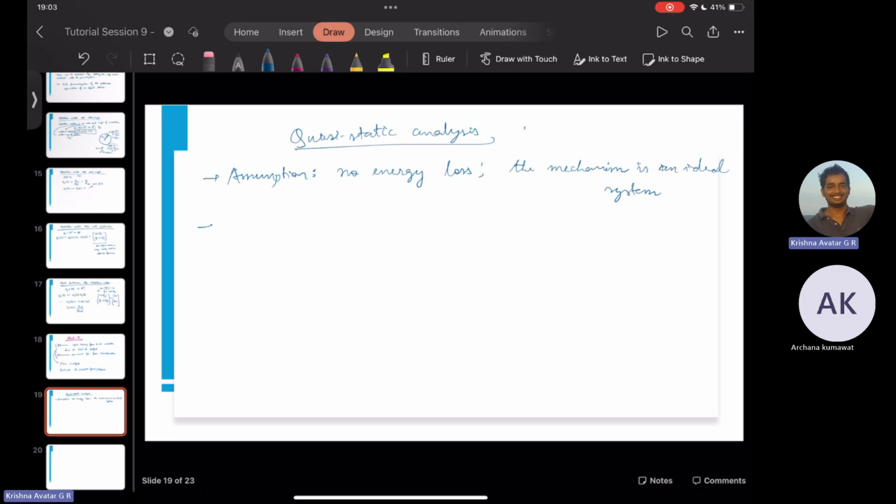So what we do is we use the principle of virtual work. The idea is that we look at all the work done by all the forces, so this is the external force, and this is some virtual displacement.